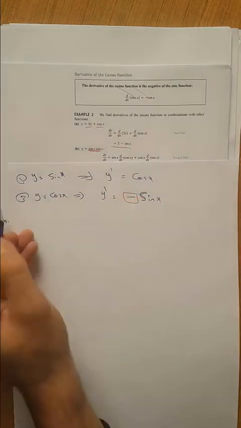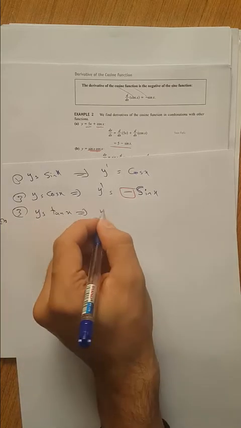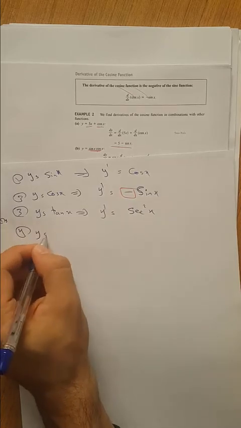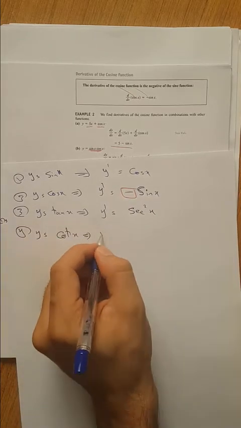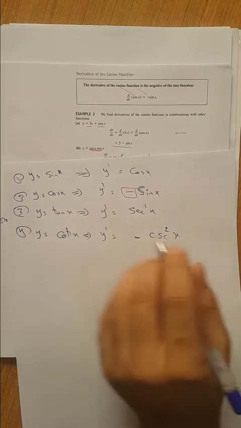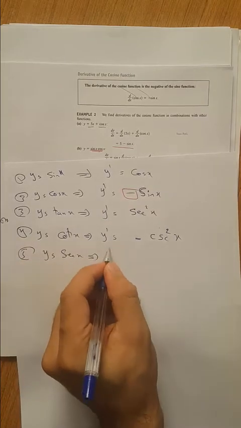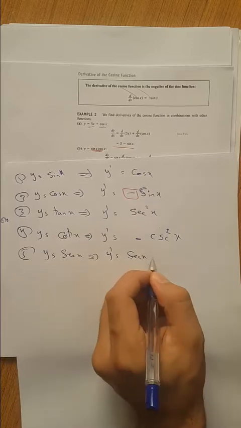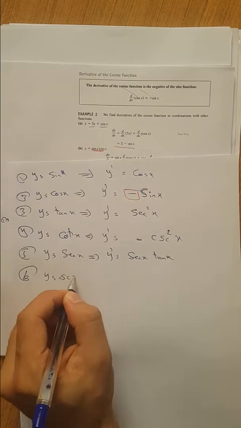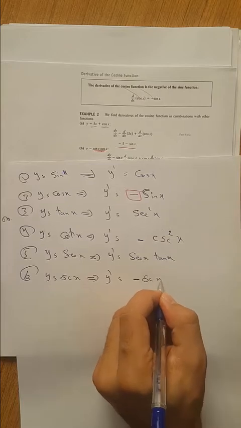Third, if y is equal to tan of x, the derivative will be secant square of x. Number 4, y is equal to cotan of x, the derivative will be minus cosecant square of x. Number 5, y is equal to secant of x, the derivative will be secant of x tan of x. And number 6, the last one, cosecant of x, the derivative will be minus cosecant of x cotan of x.